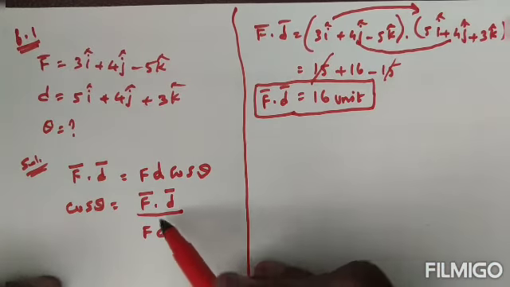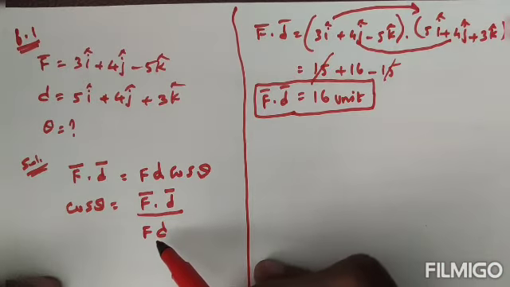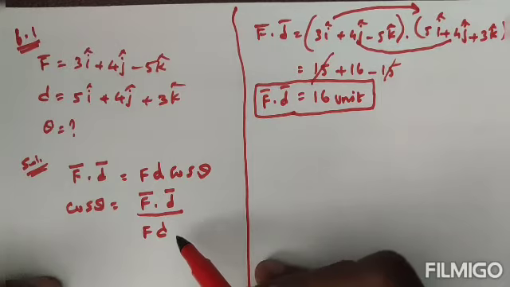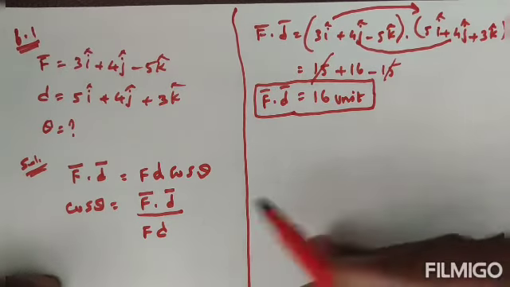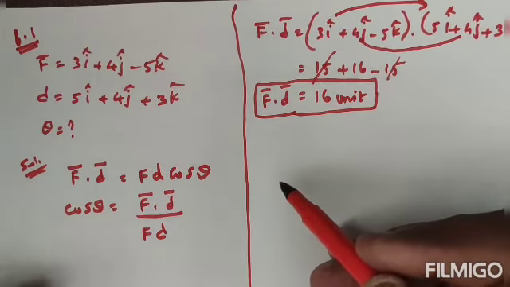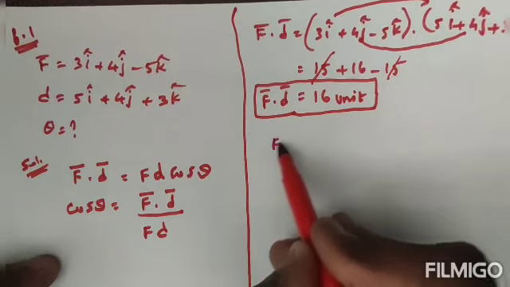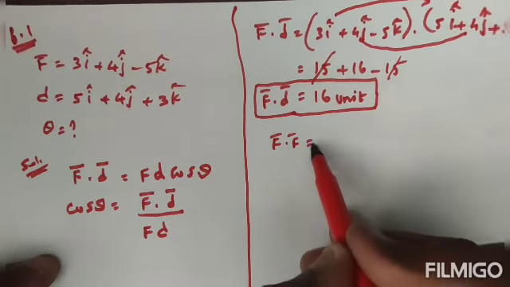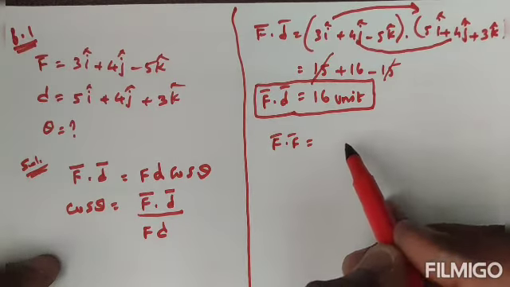Next, individually we want to find the F value and the D value, and then substitute. How to find F? Simple: find F vector dot F vector, which gives the magnitude squared.